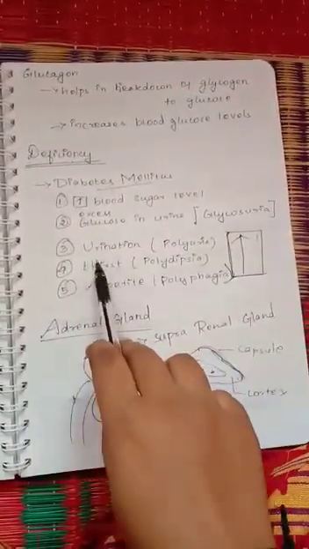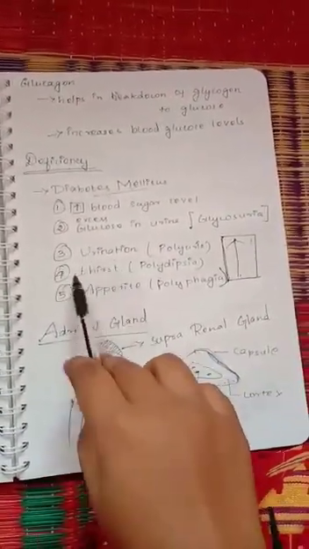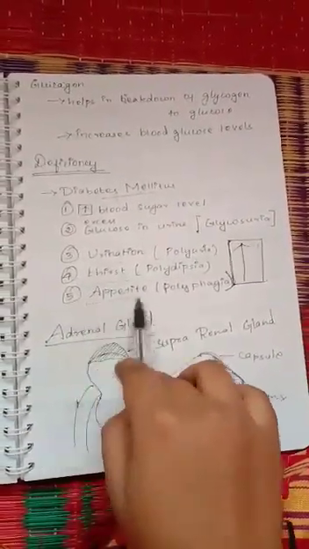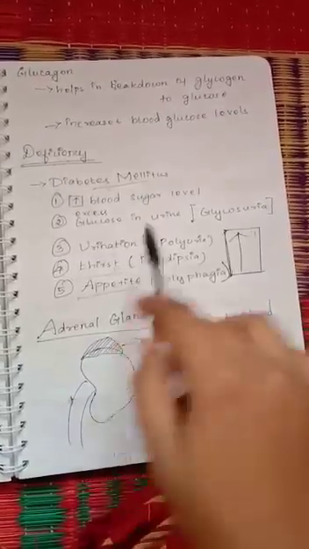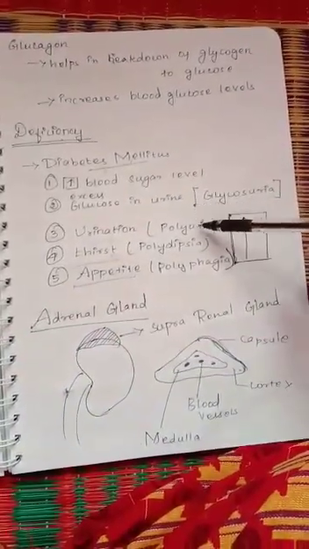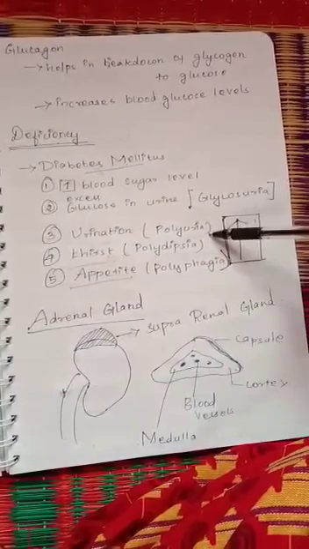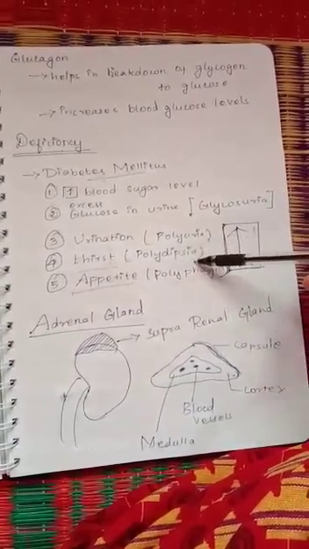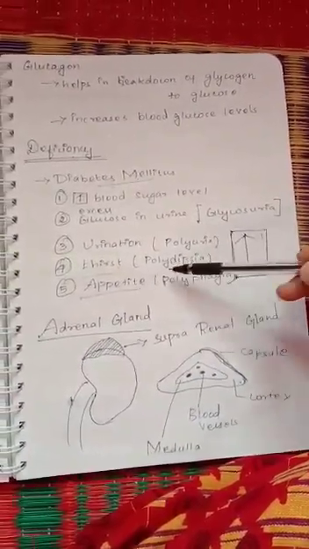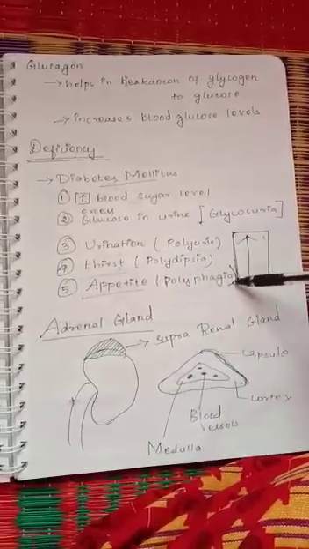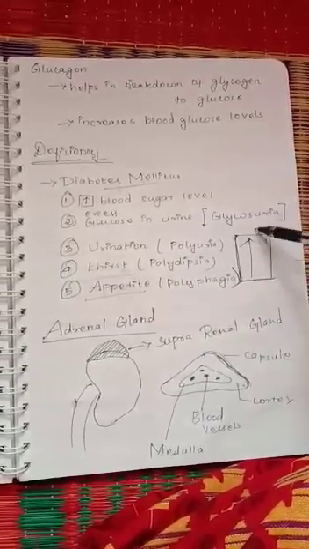And also it leads to excess urination, excess thirst and increase in body appetite. The excess production of urine we call polyuria, excess thirst is known as polydipsia and excess appetite is known as polyphagia. All of them get increased.